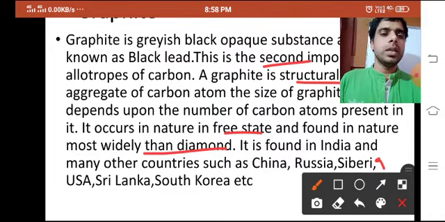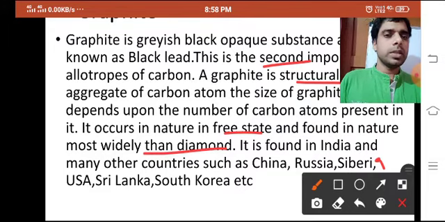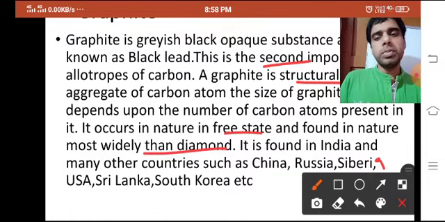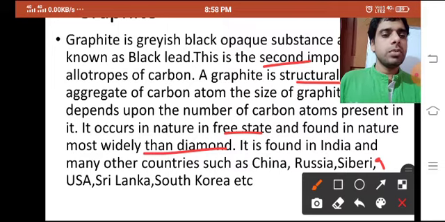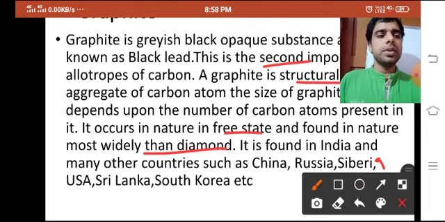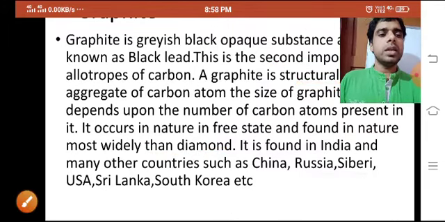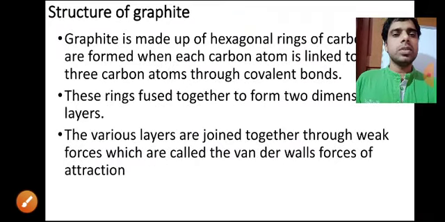We will talk in detail about graphite, which can also be a conductor of electricity. When you draw the structure of graphite, you will find one electron will be free. So it will conduct electricity also.